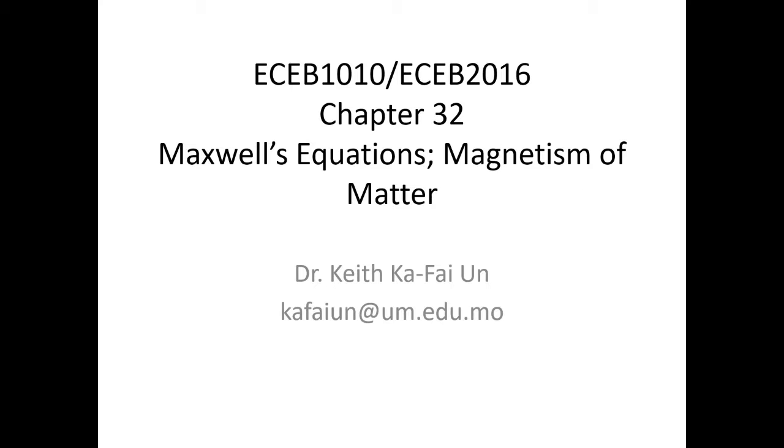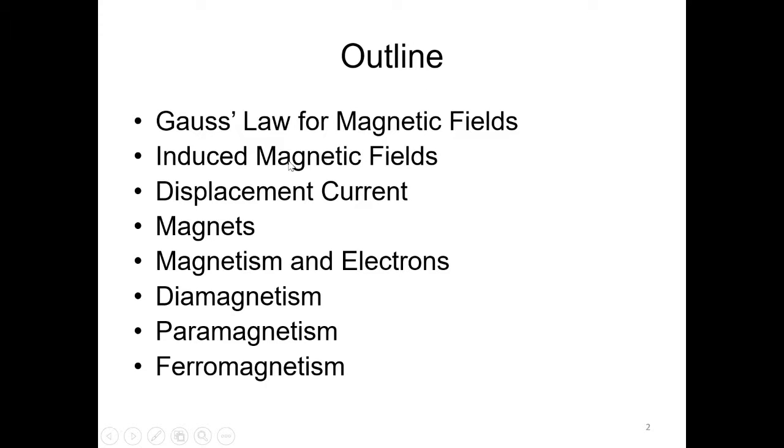The first part is about the first Maxwell equation, and the second part is the magnetism of matter. Actually, up to this part is the Maxwell equations, and the later part you can regard as some informative stuff. It is something like hardcore physics. I don't know much about it because it's difficult.